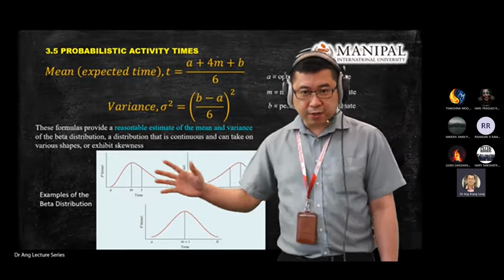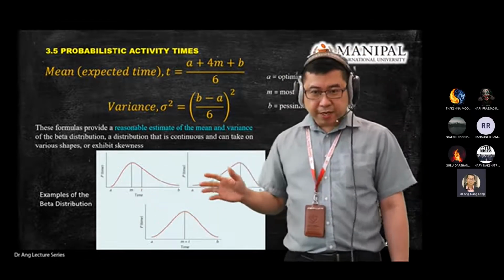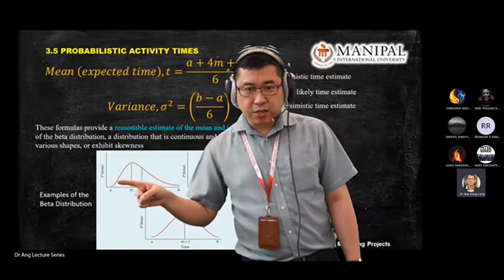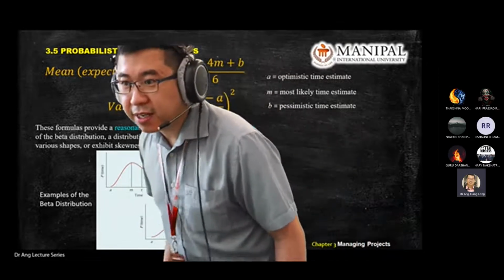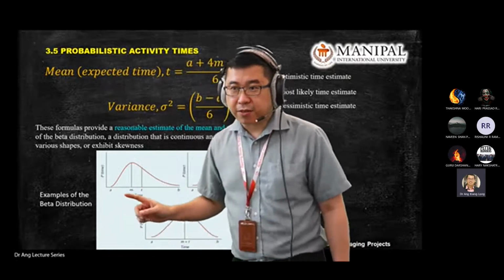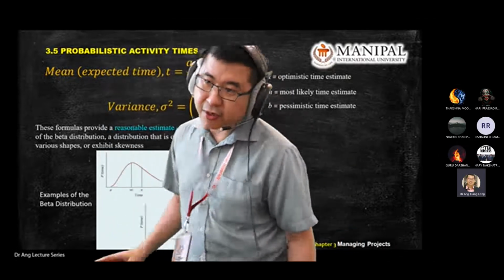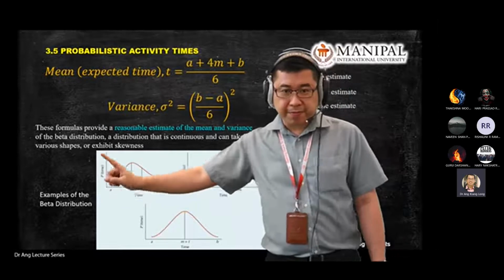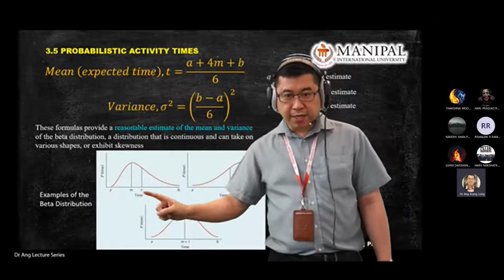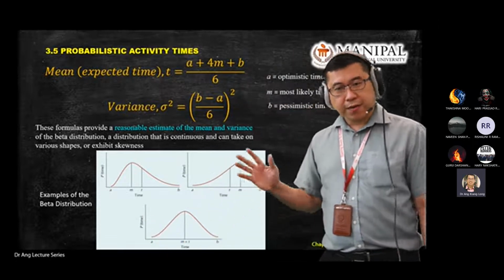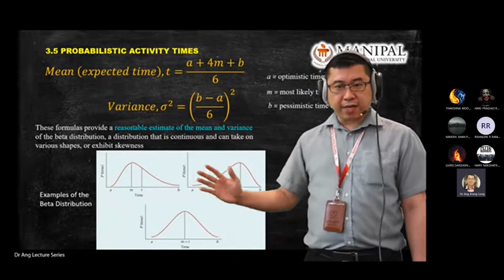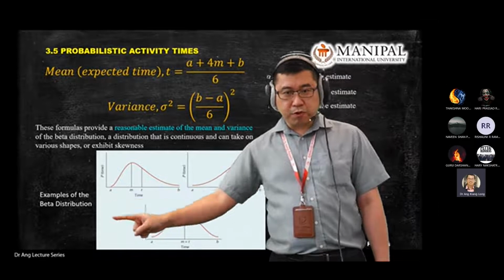I don't have the enlarged version, but you can download the slide later. So what is this one? This is your possible time, and this is your A and B. Looking at the curve, this is the most normal one.